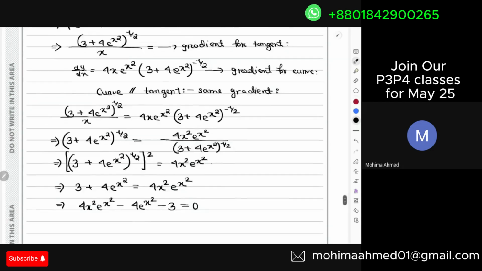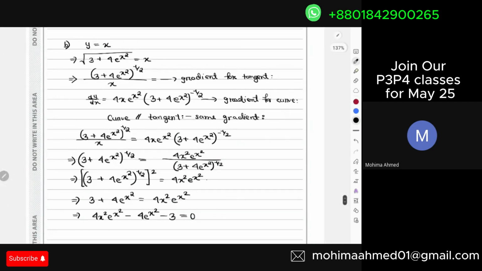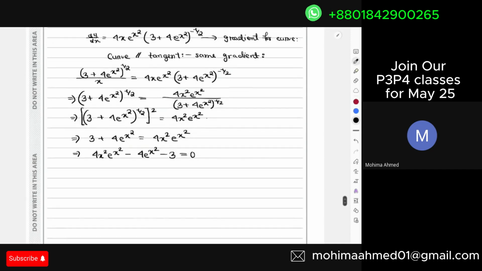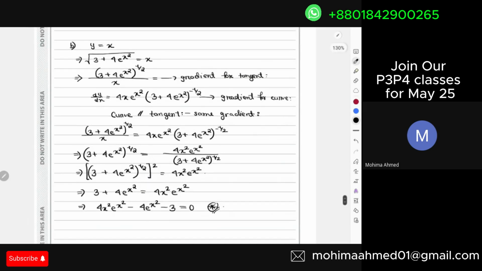Now after this, we don't actually have to do any calculations. You have proved this, since you got this equation from the gradient of the tangent and the gradient of the curve. So obviously x equals a would be a solution for this equation. Since we do not have the value for x equals a, we can't directly prove it is a solution.